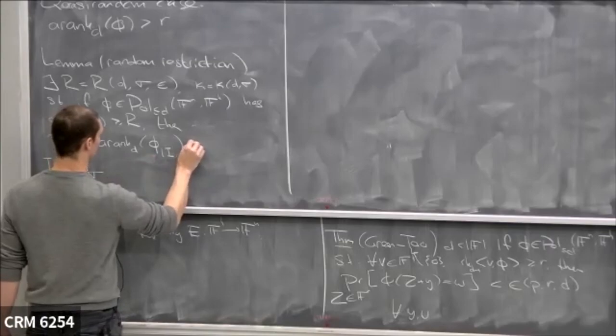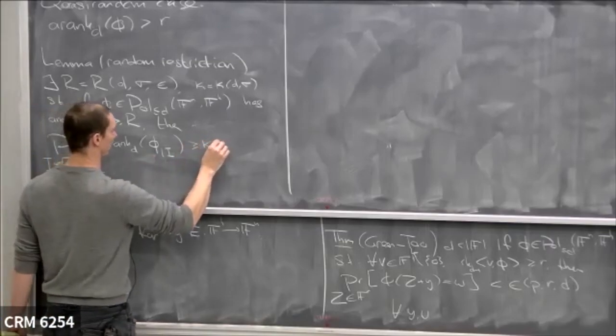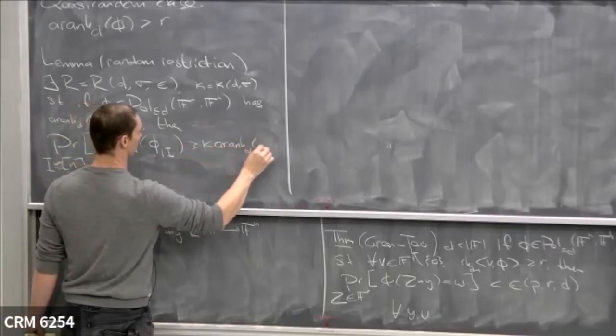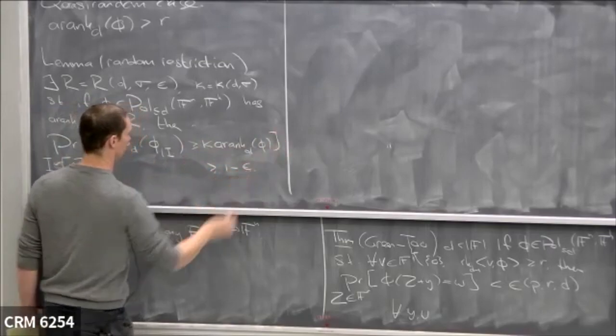The probability that the analytic D rank of this restriction is at least kappa times the analytic D rank of phi is at least 1 minus epsilon.